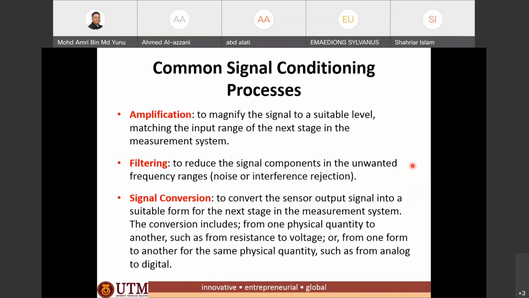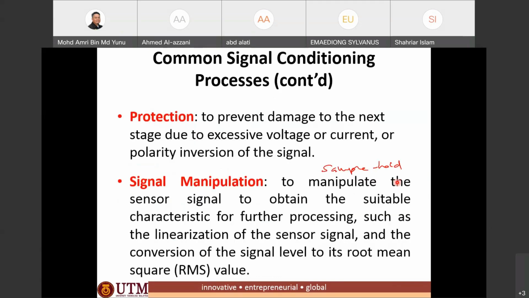Common conditioning processes include amplification, filtering, and signal conversion, such as from resistance to voltage. We will look into that. Then protection, and also signal manipulation.